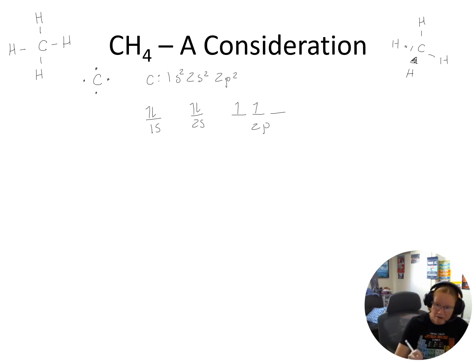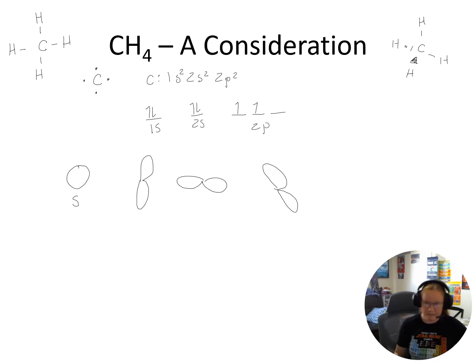When we think about our orbitals, my s orbital is like this. So I have 2 electrons that are sitting there in something spherical. My p orbitals take on these sorts of shapes. I know those are kind of funky looking.